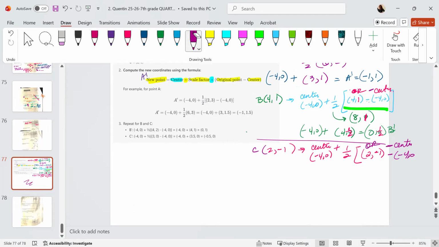So when we do this, 2 minus negative 4 is a 6. Negative 1 minus 0 is a negative 1. Half of this is going to be a 3 and negative 1/2, correct? Then you have to add them together. So this is your C prime. Negative 1 and negative 1/2.